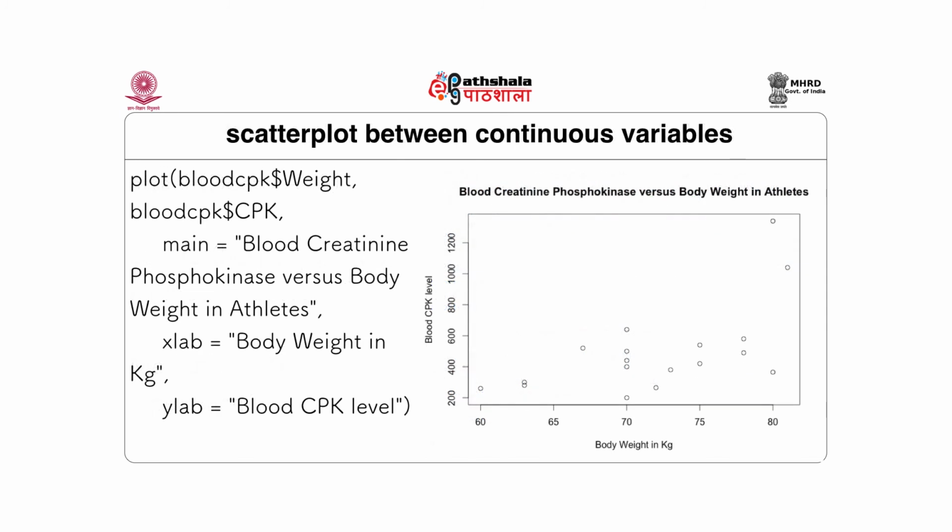I'll show you another data set, and this data set is on creatine phosphokinase in blood samples of a few people. And the idea was that we wanted to compare whether body weight could explain the creatine phosphokinase excretion. And so the blood creatine phosphokinase versus body weight in athletes.